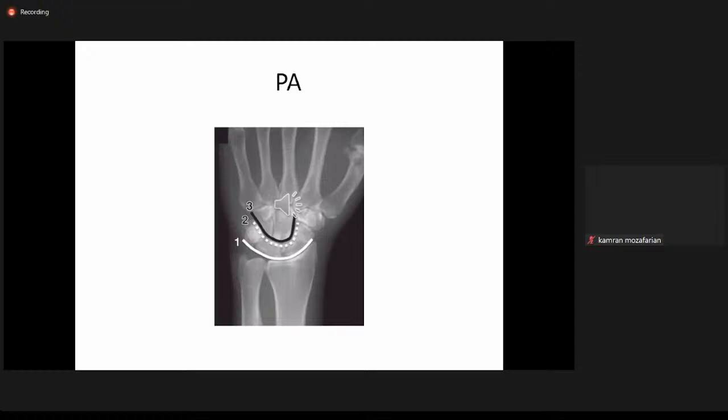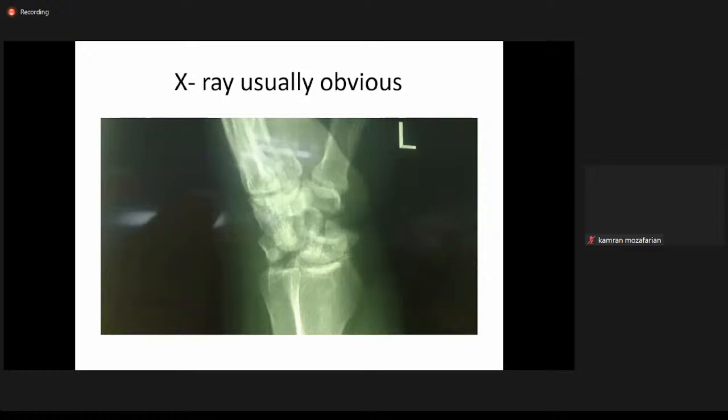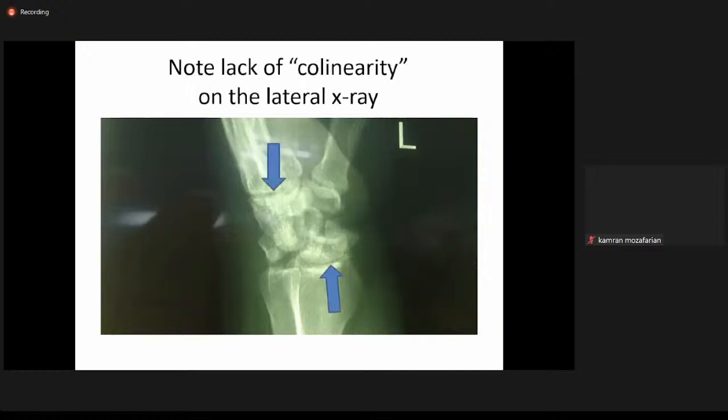In the PA X-ray, we should consider the Gilula lines, and in the lateral view, the scapholunate and luno-capitate angles should be measured. In peroneal fracture dislocation, the X-ray is usually obvious.